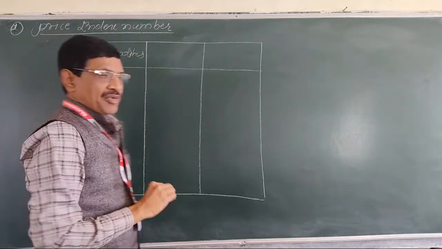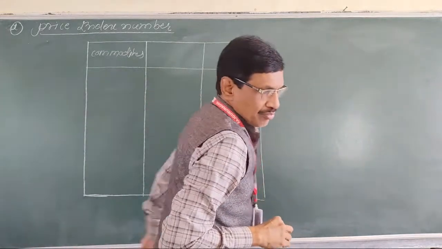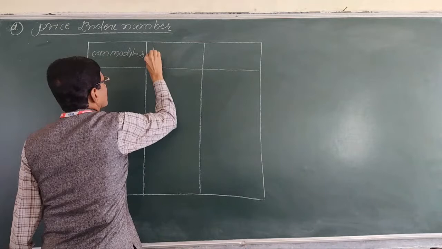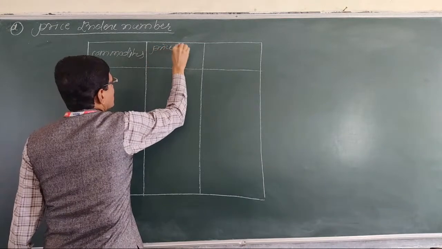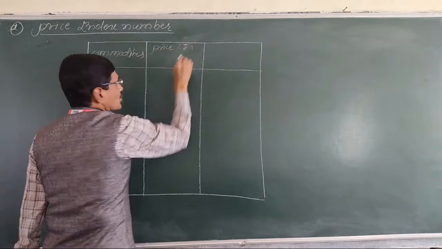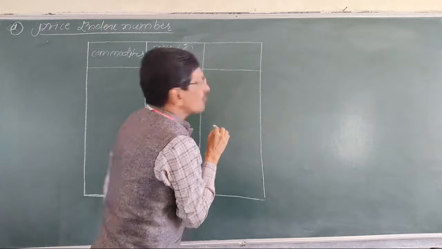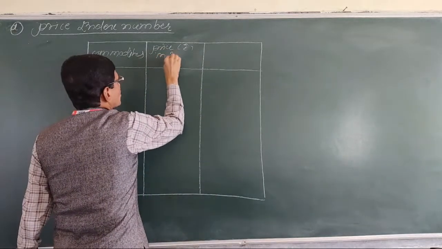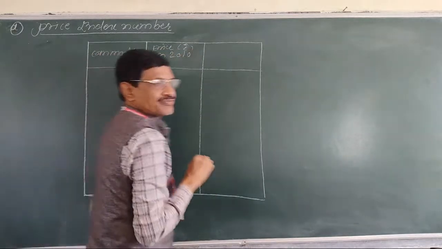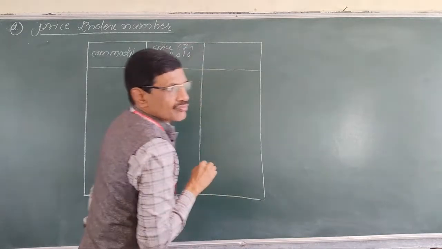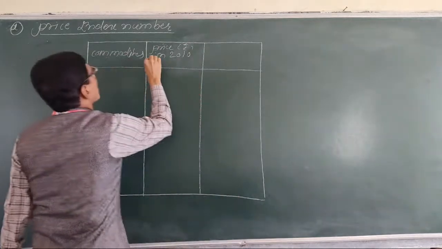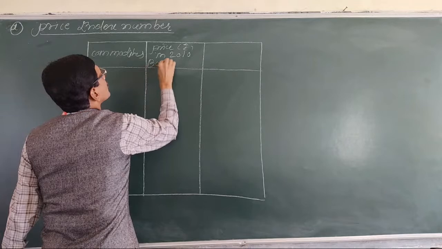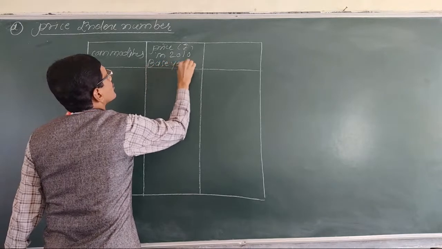The second column is the prices, in brackets rupees, in 2010. It is called the base year.